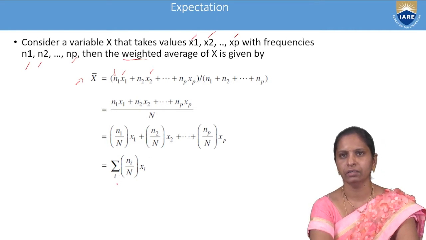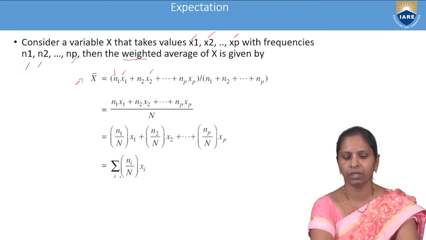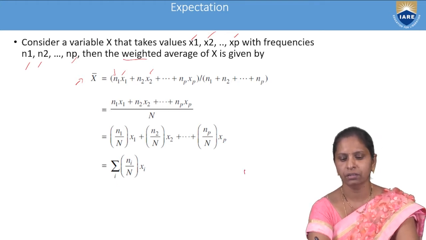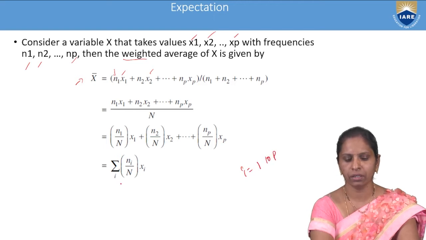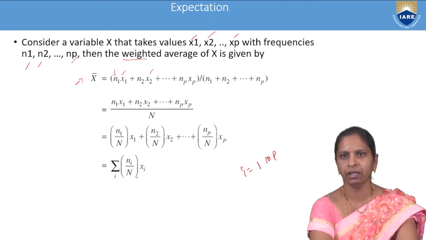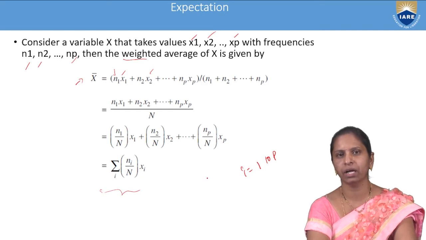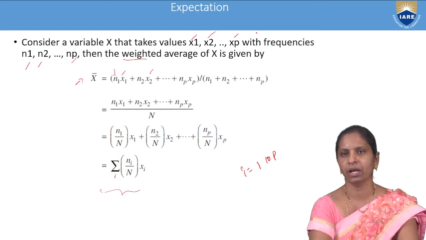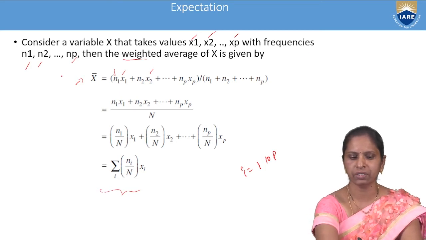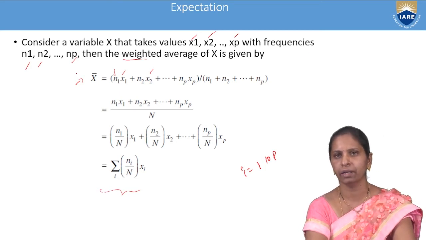Sigma i equals 1 to p, ni by n into xi. So this is the average or weighted average of a variable x, which consists of p values with frequencies of n1, n2 and so on, np.